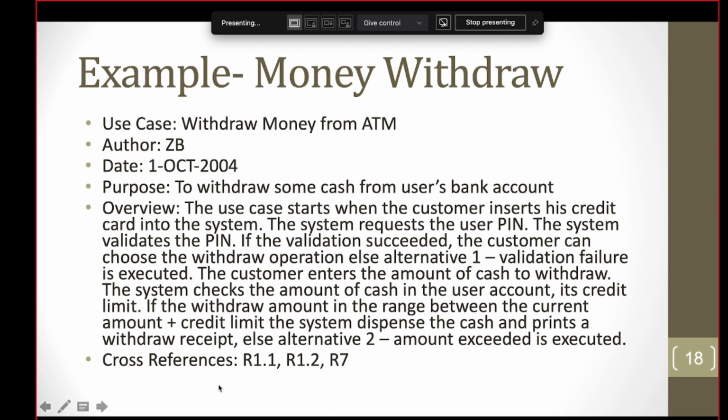Okay, and the cross references here are the requirement numbers. Whatever requirements you have written in the functional documents, or if it is an agile methodology project, whatever user stories you have, you will cross reference the user story numbers here. And this template is purely for illustration purposes.